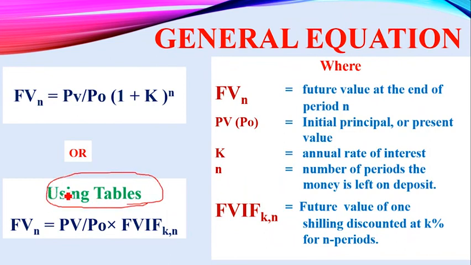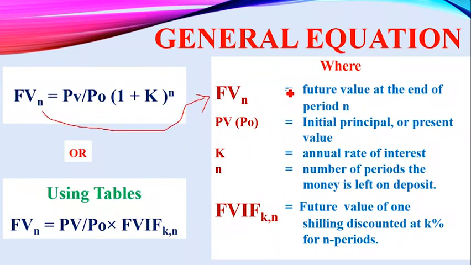But when you are using tables, the future value of n is given by taking the present value, or what you're calling the P naught or the PV, and multiplying by the future value interest factor, FVIF of k and n. Now, in the first formula, the FVn stands for the future value at the end of period n. So if, for example, you are investing 100,000, what is its value in 10 years?